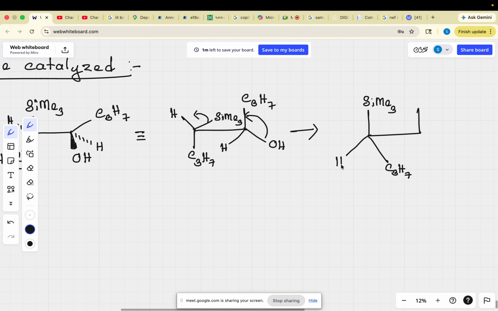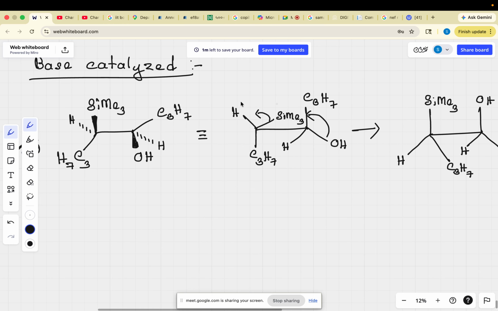This is what you are getting, all of you. SiMe3 and OH group are both above the plane.